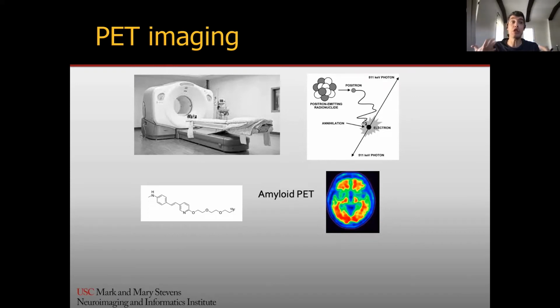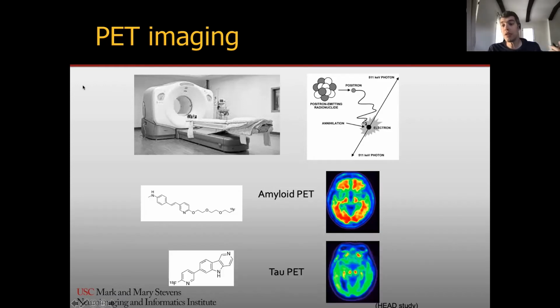For example, we can use tracers such as florbetapir that can measure the beta amyloid, and we know that high deposits of this beta amyloid peptide in the brain have been linked to Alzheimer's disease.